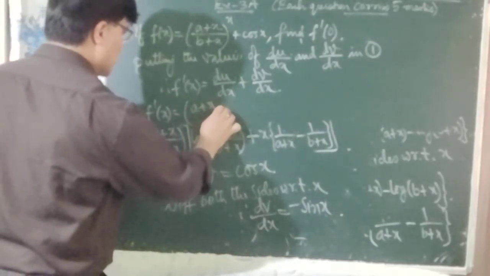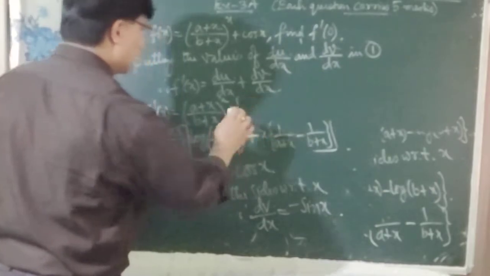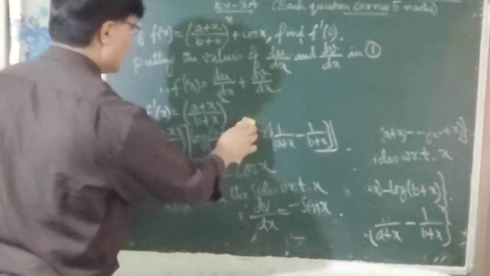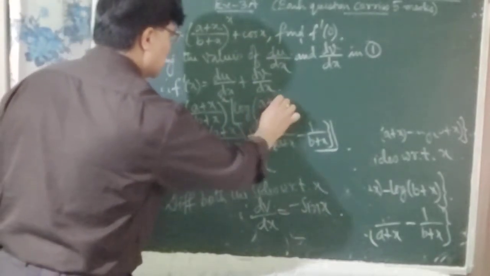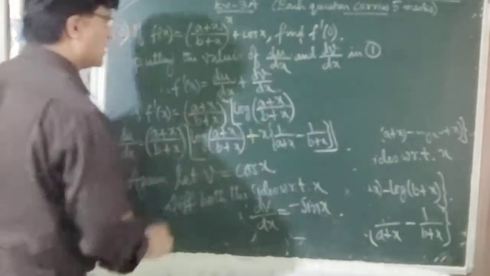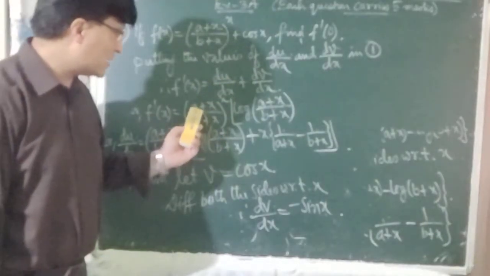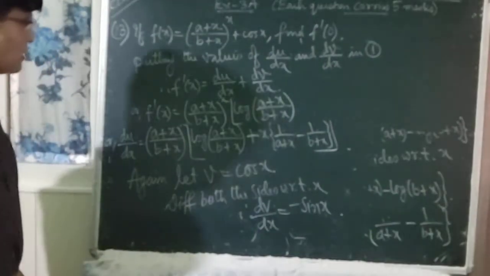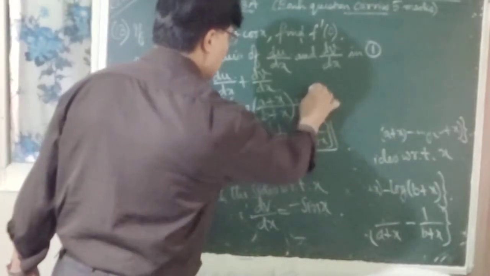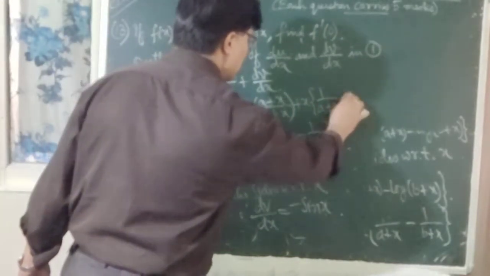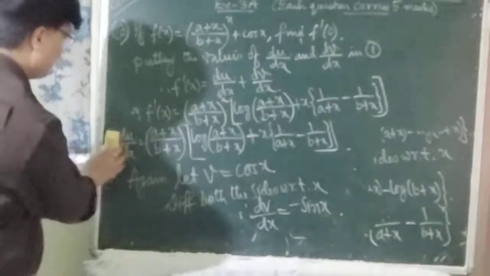What was du by dx? f dash of x is equal to (a plus x by b plus x) whole to the power x, within third bracket log of (a plus x divided by b plus x) plus x within second bracket 1 upon a plus x minus 1 upon b plus x, second bracket closed, third bracket closed. You can check it in the previous steps. This is the du by dx part.